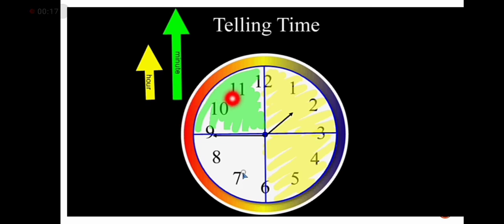So the time in this clock is quarter to, because 15 minutes are left to the next hour. We were discussing the hour 1. Now how many minutes are left? 15 minutes are left to 2. And that is called quarter to 2.